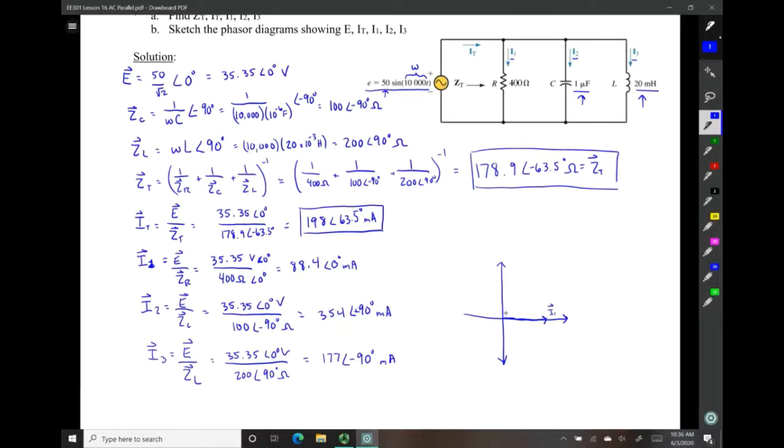I2 is positive 90, so it's in the positive imaginary, and I3 inversely is along the negative imaginary.